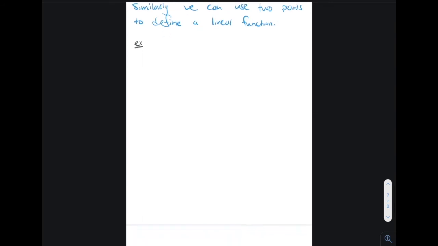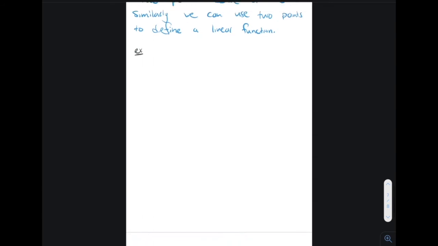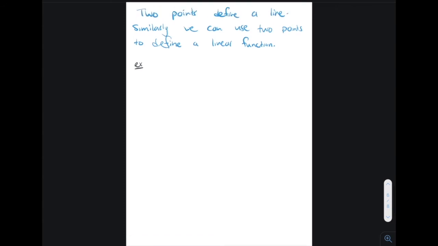Let's do an example of this. Let's find the function. I guess I'll start with just the slope of the line that goes through the following 2 points: 1, 2, and 6, 7.